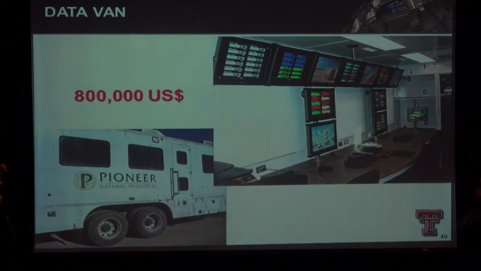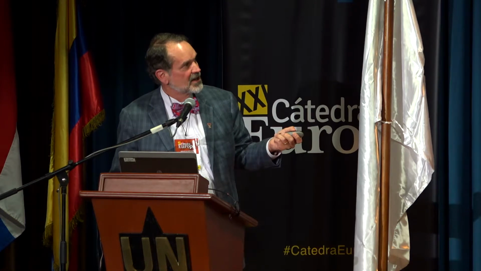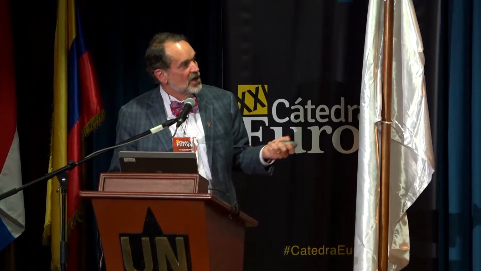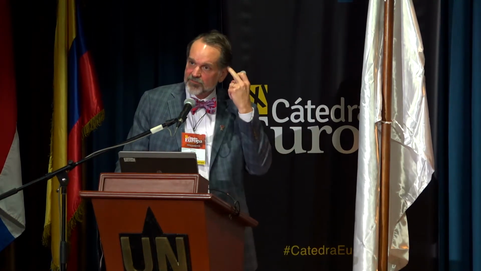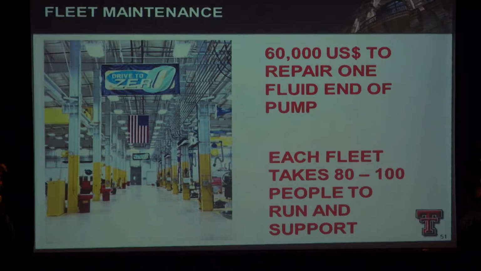And you put all that together, of course you got a data van that looks something like what you would see in a Star Trek movie or something of that nature. And you put all that together and you're looking at something from 40 to 50 million US dollars to put together just one fleet.